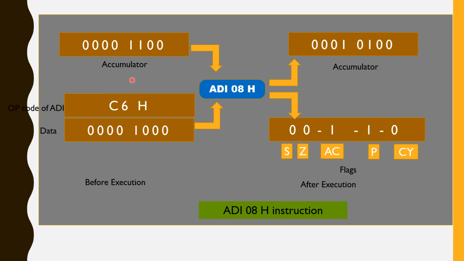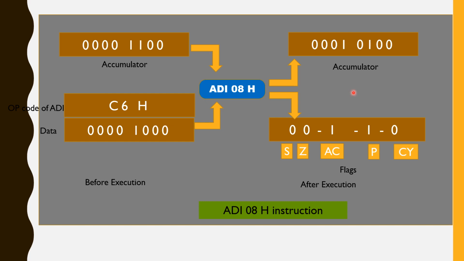Now look here, I'm adding this accumulator to this data. So 0 plus 0, again they have given here the accumulator. So according to the accumulator, the flag is set over here.